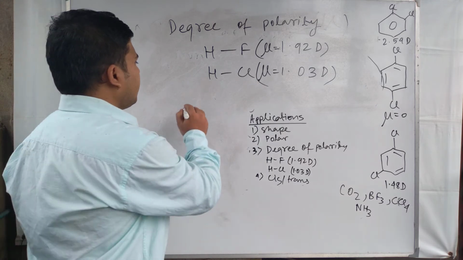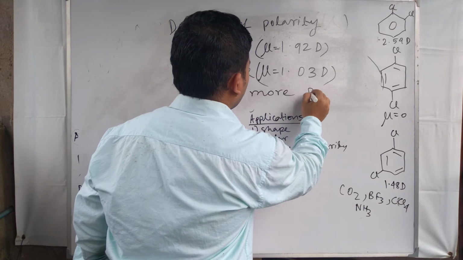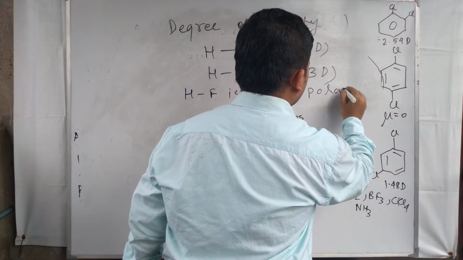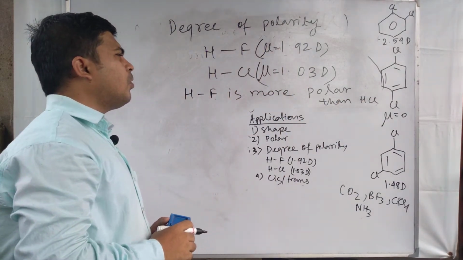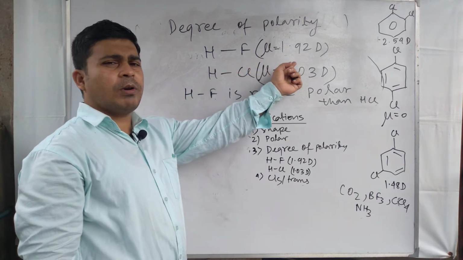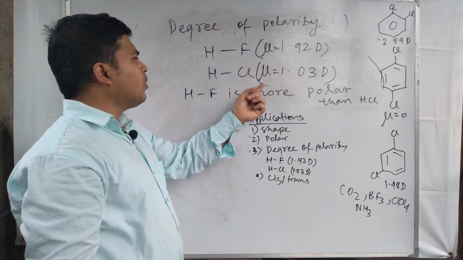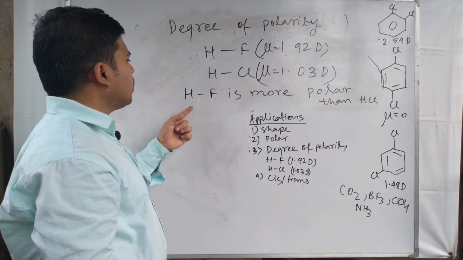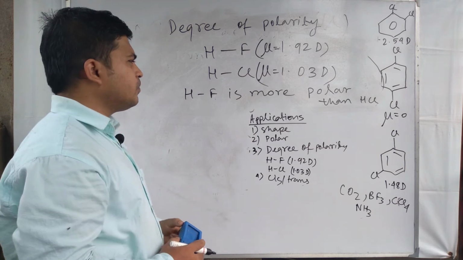So we can say HF is more polar. HF is a more polar molecule than HCl, because look at the dipole moment value. The dipole moment value for HF is more than the dipole moment for HCl, and for this reason we can say the HF molecule is more polar than the HCl molecule.